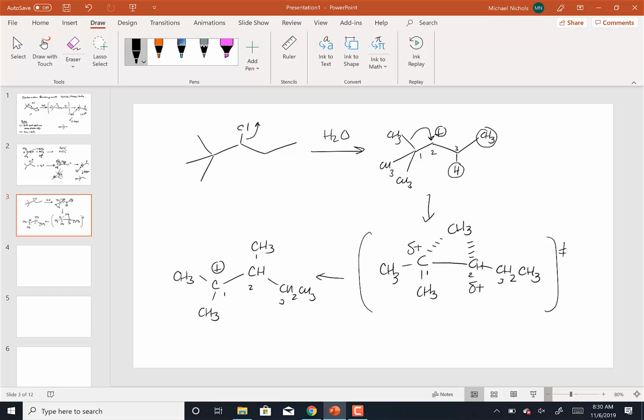So what I'm focusing on is the shift, the rearrangement. Does that kind of make sense? So I have to tell you when to shift.